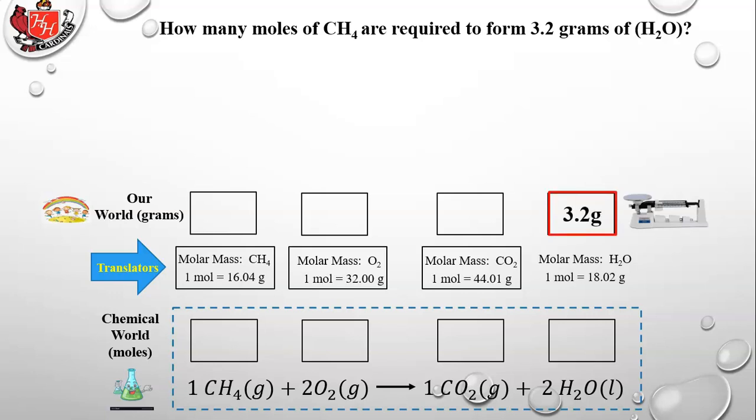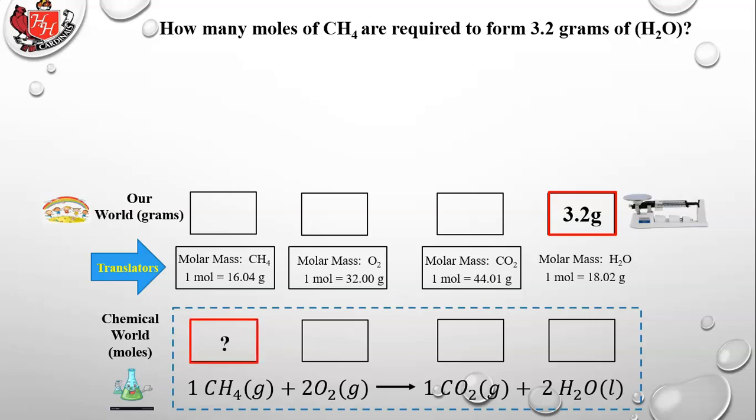See if you understand why. First of all, it's in the grams row up above. Our world is in grams. It's measured on a scale. And it's in the column up above H2O. So that's 3.2 grams of H2O. Now, where do you want your question mark, what you're trying to find out, which is moles of CH4? Where do you want that to appear? Think about it.